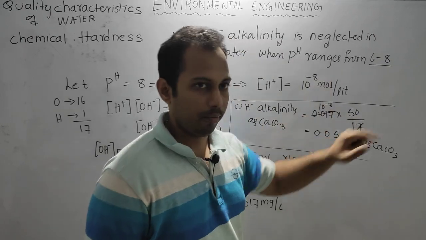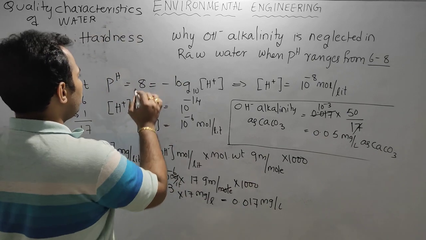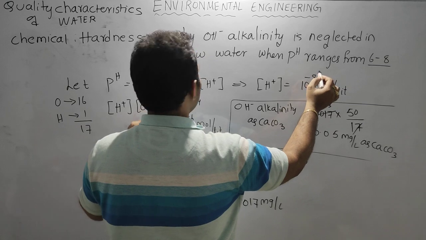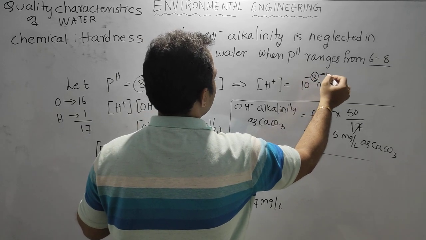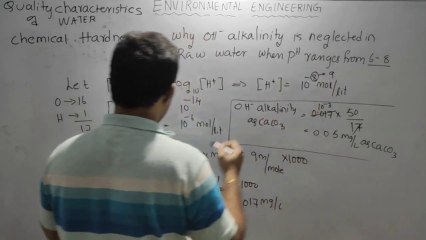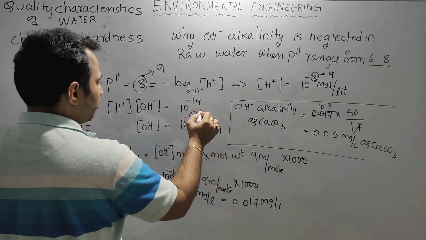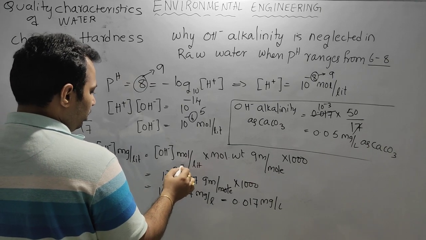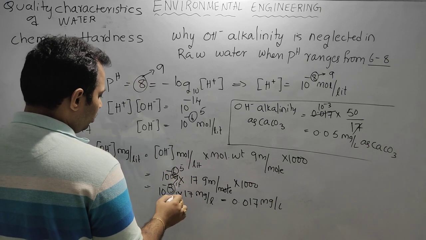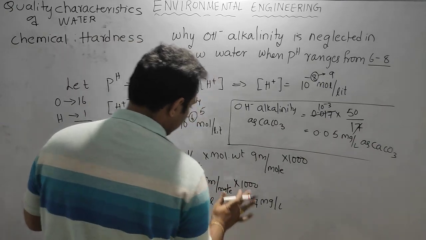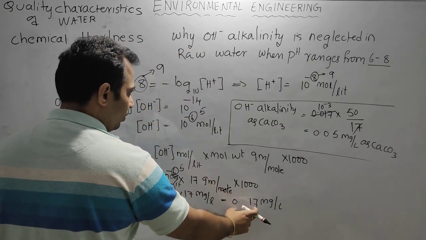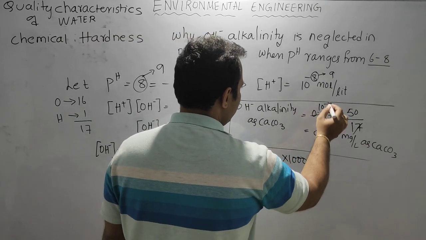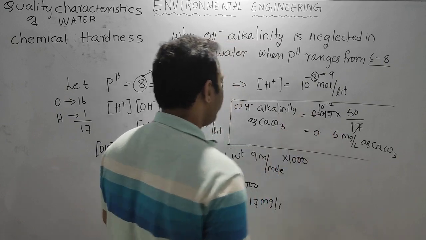When pH is 9, for example, when you convert this, the exponent changes, so this becomes 0.17 and then, with 10 to the power of minus 2, it becomes 0.5.